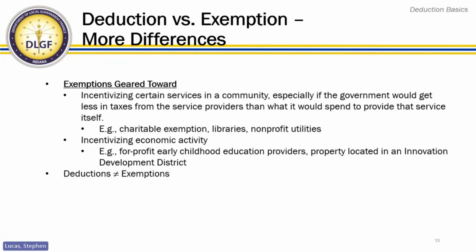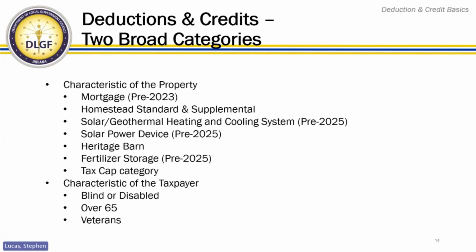And we've got several examples listed on the slide. But just a quick note again, even though these are similar in many aspects, deductions and exemptions are not the same, and we hear folks mix up those terms all the time. So I just wanted to go over that.